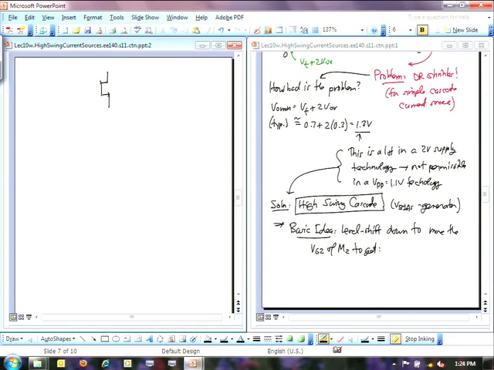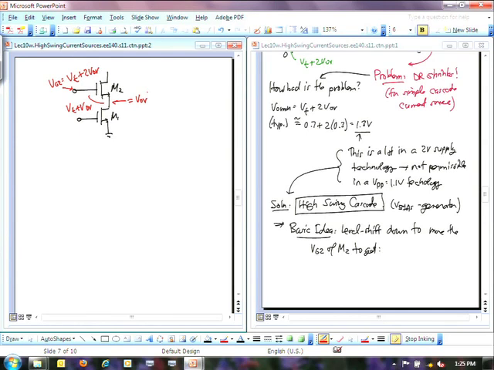If we can get VG2, which is the voltage on the gate of M2, to be equal to VT plus 2 VOV, and then I drop across this a VT plus a VOV, then this node here will be VOV.